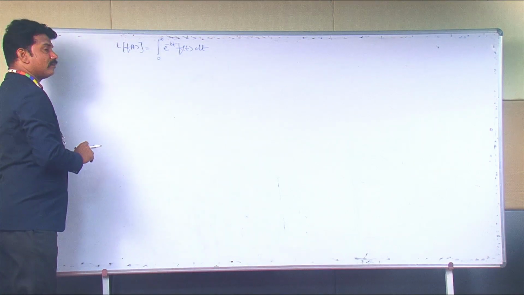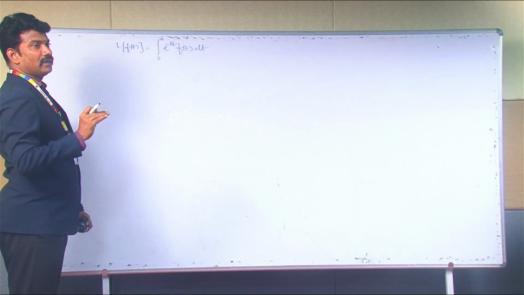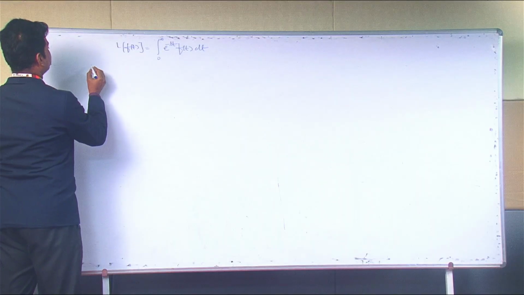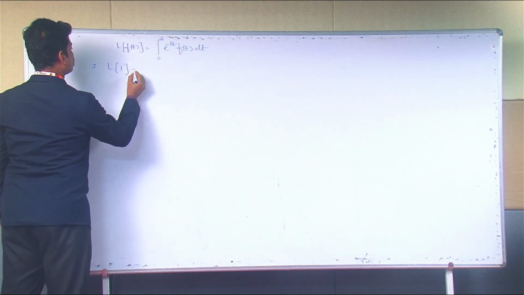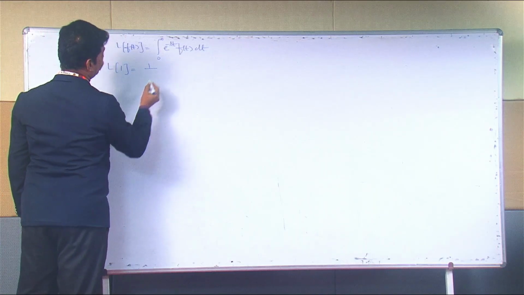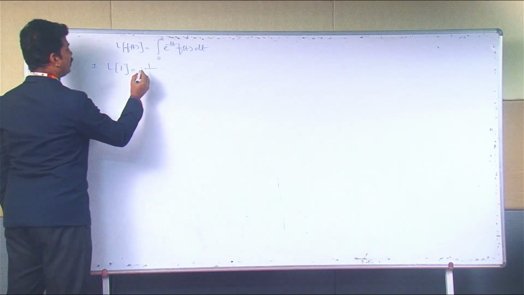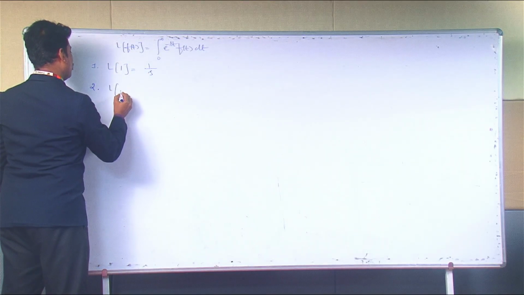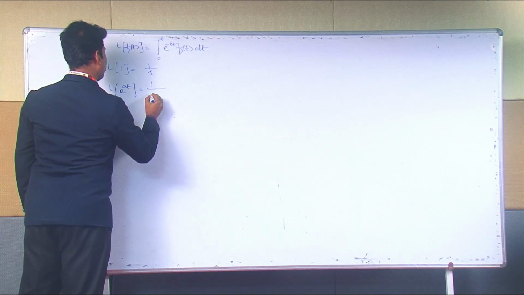Now I am going to give some preliminary main functions, that means the important functions of Laplace transformation, right? The first function is L of 1. What is the answer for this? I am going to prove a few examples for this. You have to keep it in your mind. L of 1 equal to 1 by s. And the second one is L of e power at equal to 1 divided by s minus a.